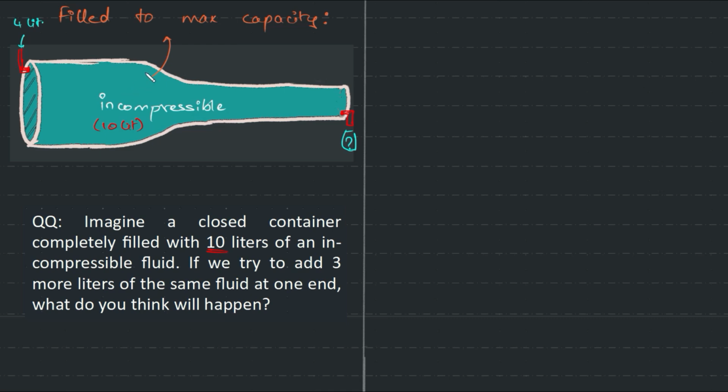You can't fit in more, because unlike air, a pillow or a toy, which can be compressed, this can't be. So how much liquid should I take out so that we are able to fill in 4 new liters?